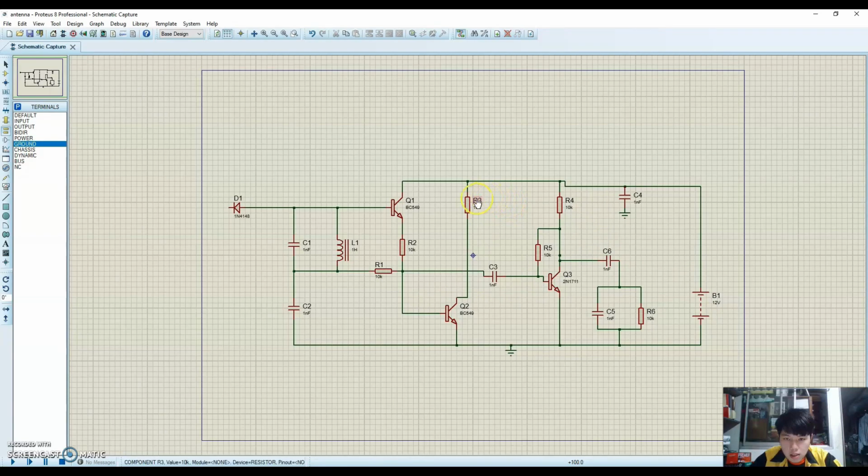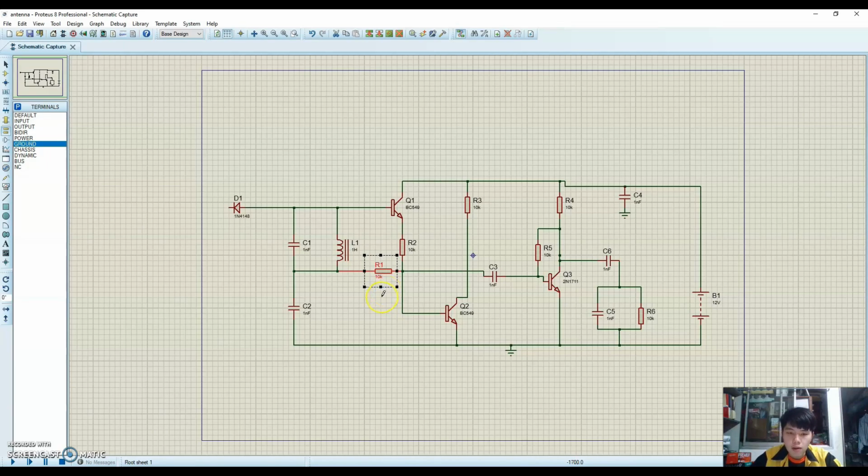And the resistor, capacitor. An important thing is this R1. R1 will be set to 120K, and the 120K resistor will affect the overall performance of the receiver.